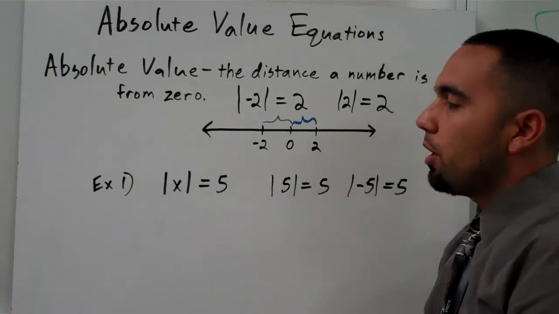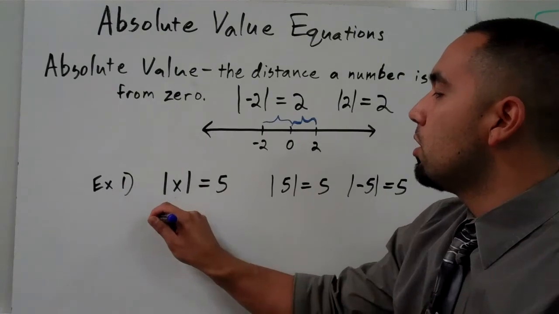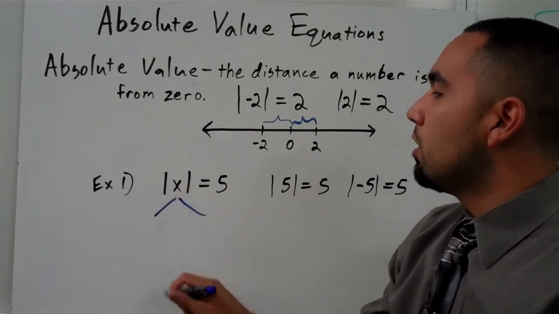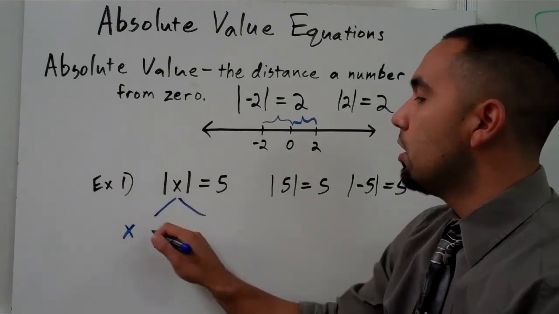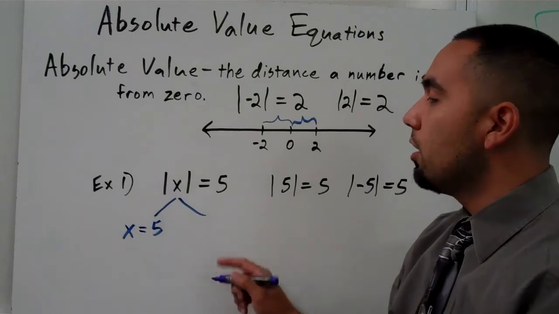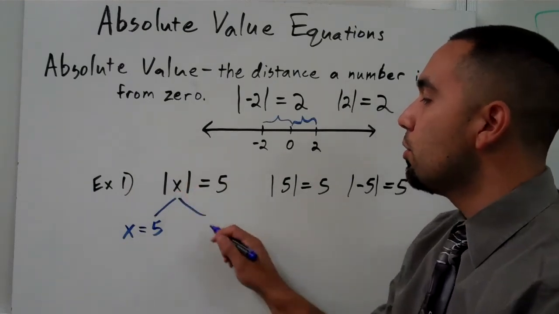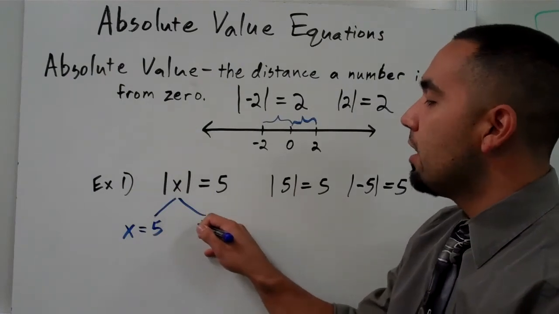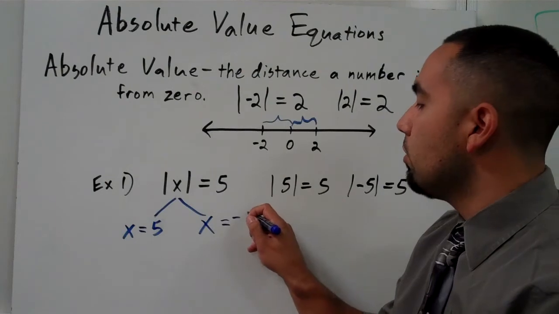So whenever I look at an equation with absolute value, I always want to split it into two separate equations. For the first one, I'm going to get rid of the absolute value symbols, and I'm going to say x equals 5. But for the second equation, I have to account for the fact that it could be a negative number in there. So instead of making this number negative, I'm going to make this number negative.